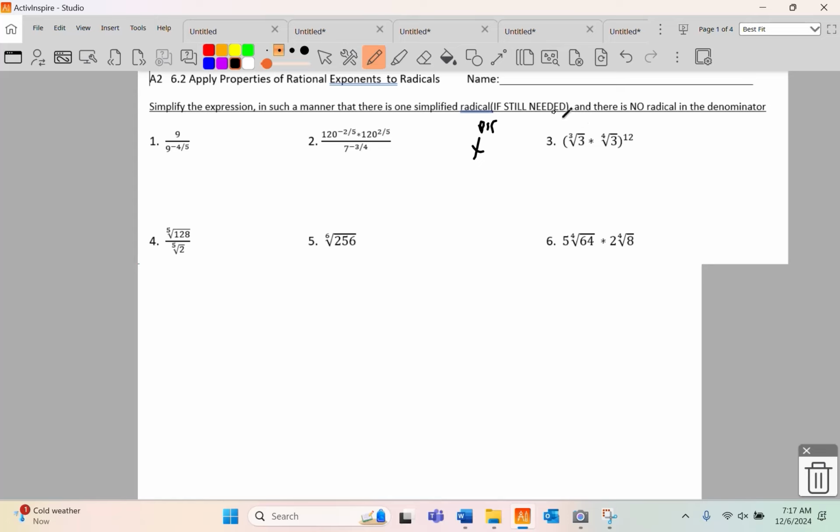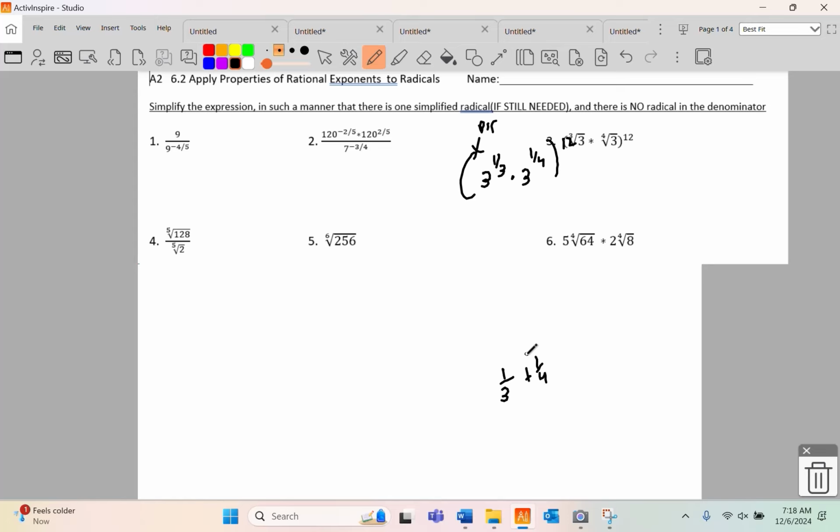That's the goal. So initially I'm going to think of this as 3 to the 1/3 times 3 to the 1/4, all to the 12th. Okay, I'll save that for later. Now, if I have like terms, I can add exponents. I need to think about what 1/3 plus 1/4 is.